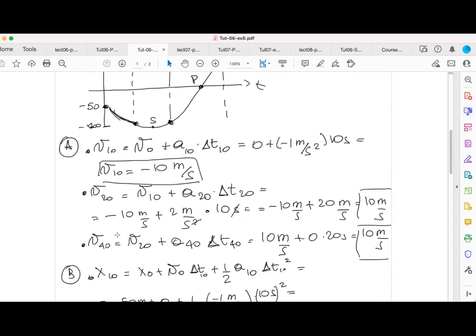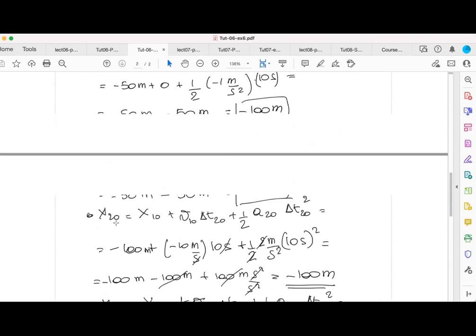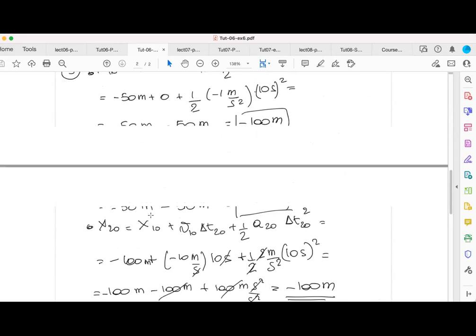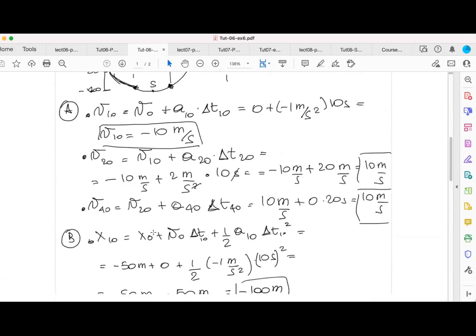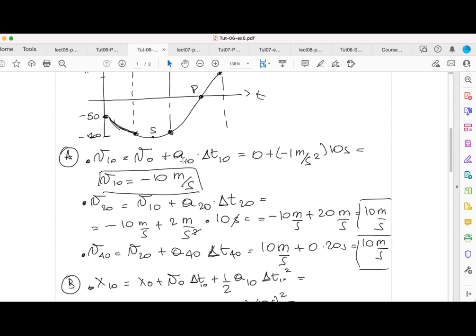Okay, then here it is asking the position at 20. So the position at 20, this time again, the initial position is going to be what? The position at 10, that we just calculated, which is going to be minus 100.